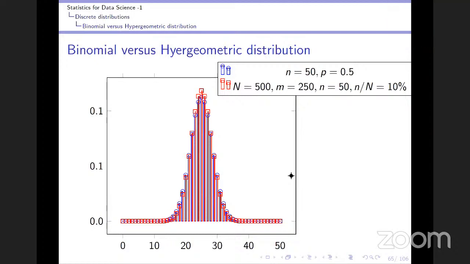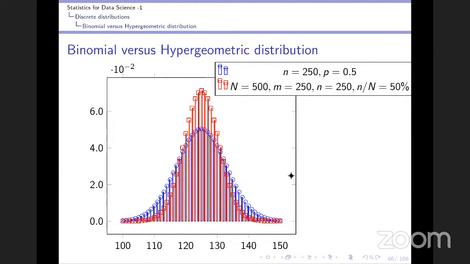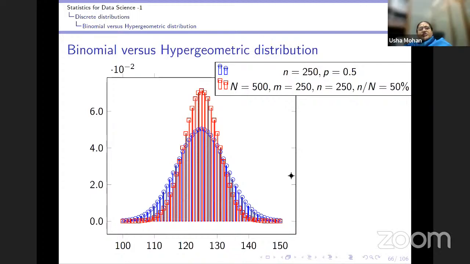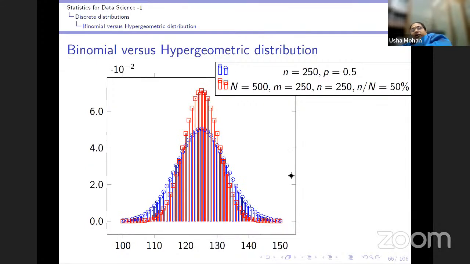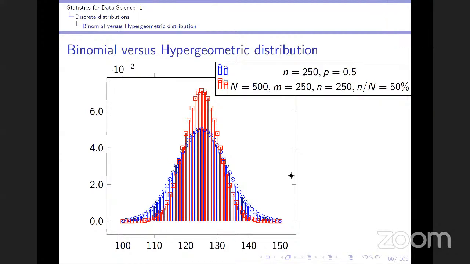Yes, ma'am. But here your capital N is also increasing. As long as small n was small, it was the same. But when I increase that small n also, you can see that the distributions are not the same. Even though the shape is the same, the distributions are not the same. Can you see that? Yes, ma'am.